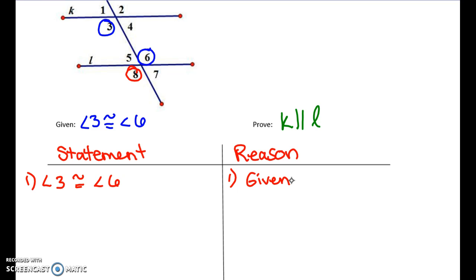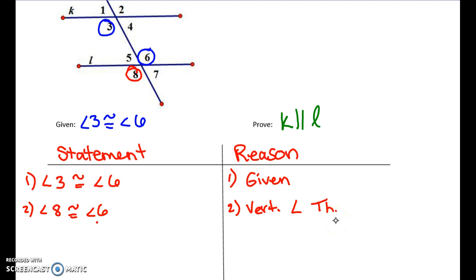Then I'm going to use the vertical angle theorem to state that angle 8 is congruent to angle 6 by the vertical angle theorem. Right? And it's okay to shorten things. Vertical angle theorem.